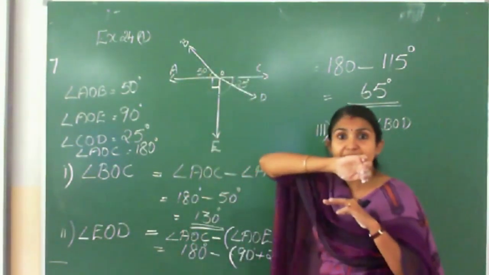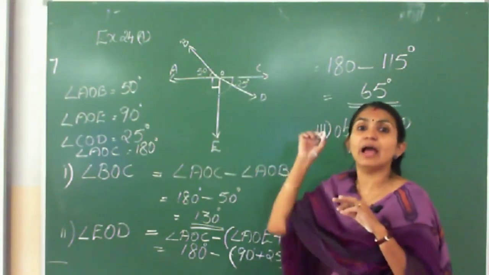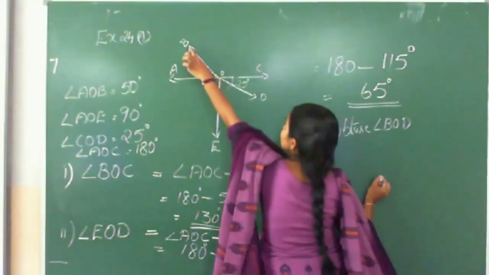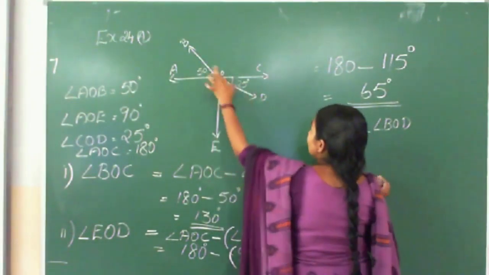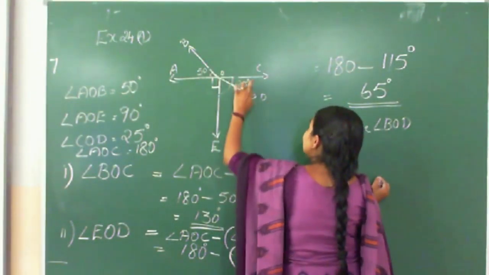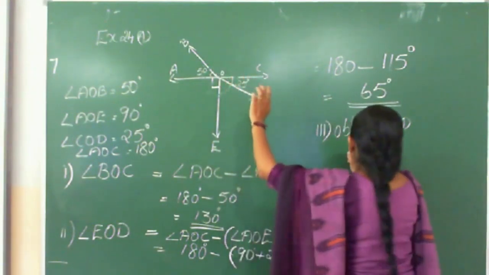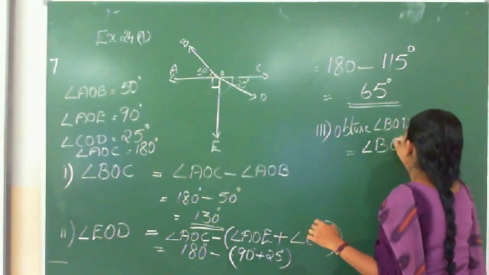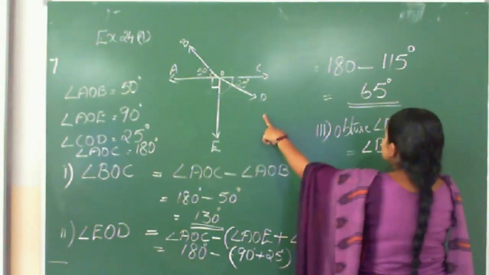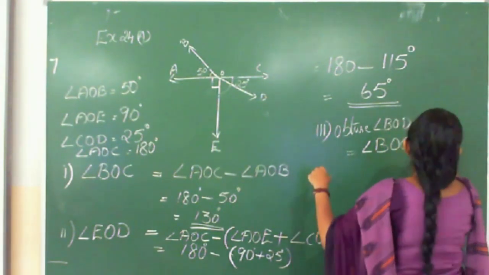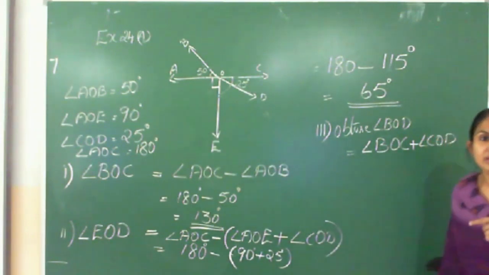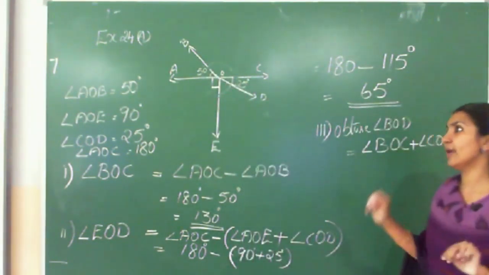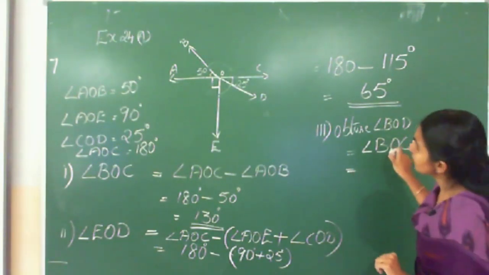So the first thing is you should understand or identify which angle we want to find out. So it is BOD. You should add these two angles, which is equal to angle BOC plus angle COD. What is BOC?